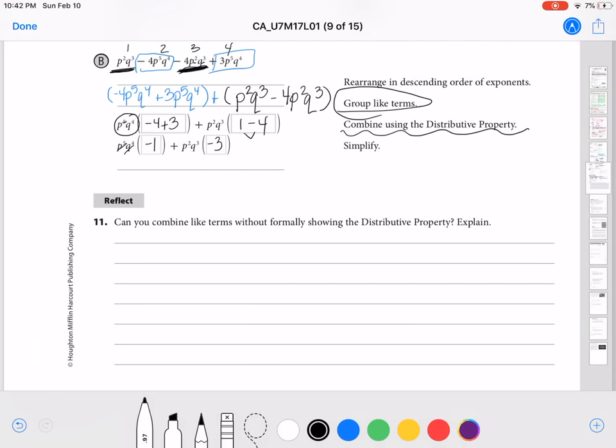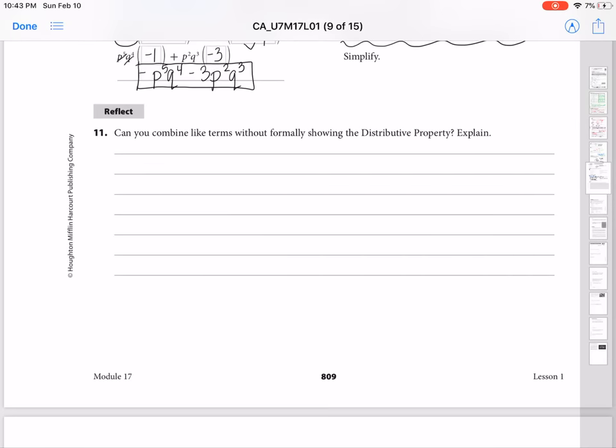And so our final answer is going to be negative p to the 5th, q to the 4th, minus 3p squared, q to the 3rd. Okay, and so that's how we simplify. Let's go ahead and continue on.